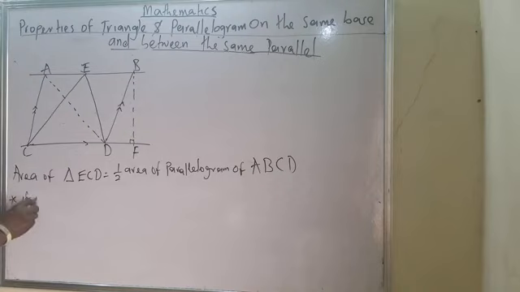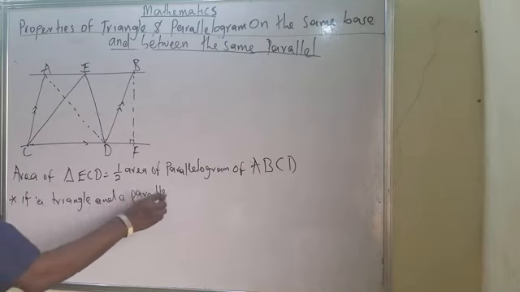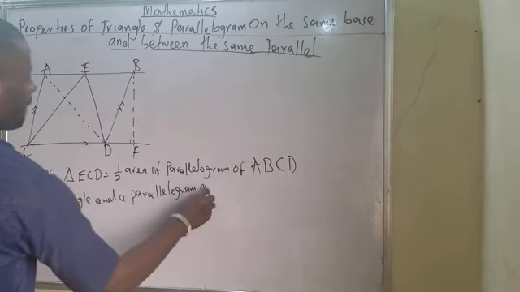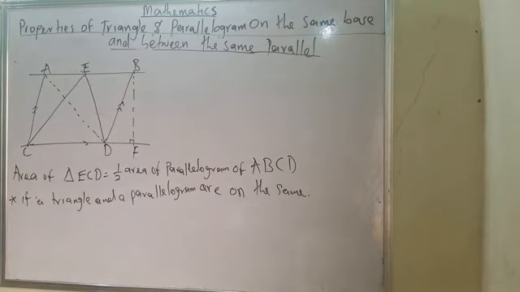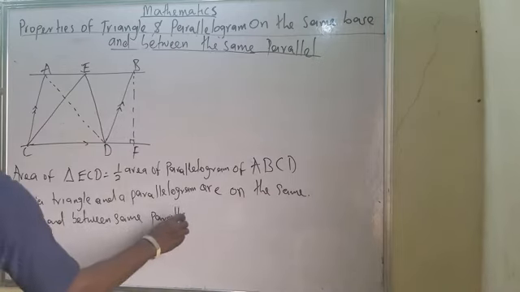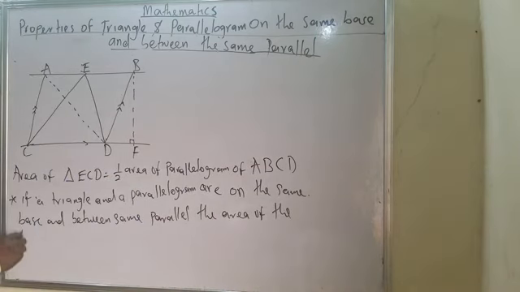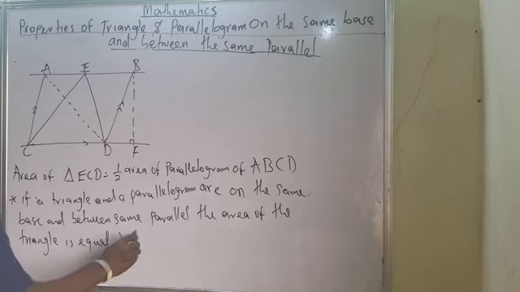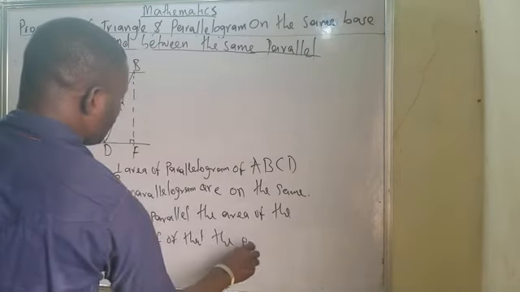If a triangle and a parallelogram are on the same base and between the same parallels, the area of the triangle is equal to half of the area of the parallelogram.